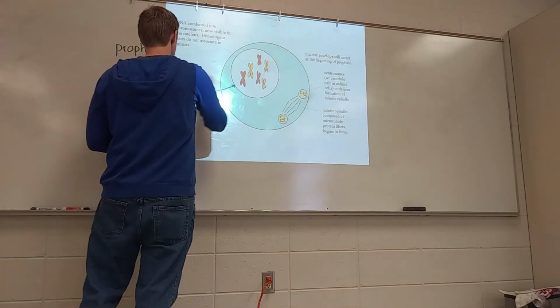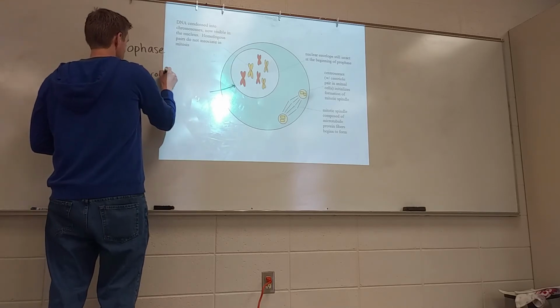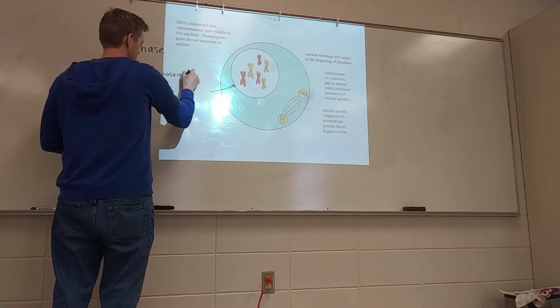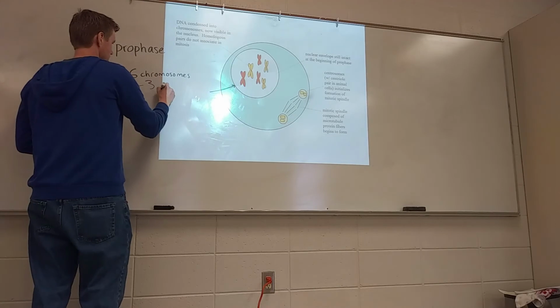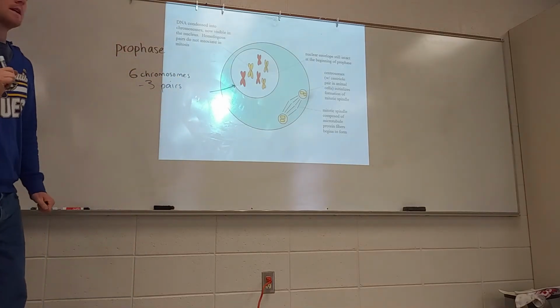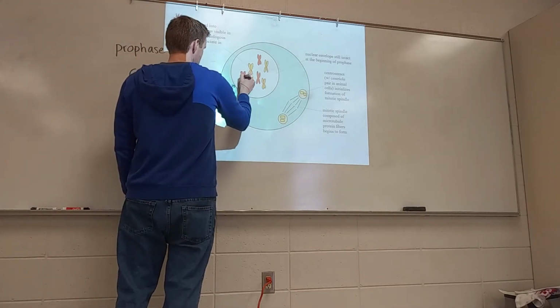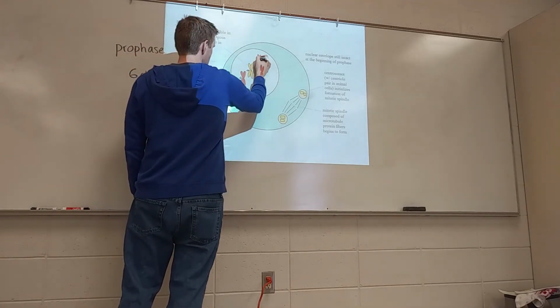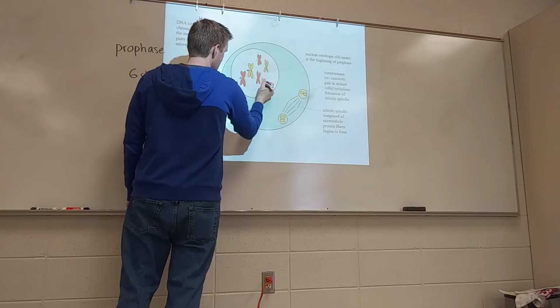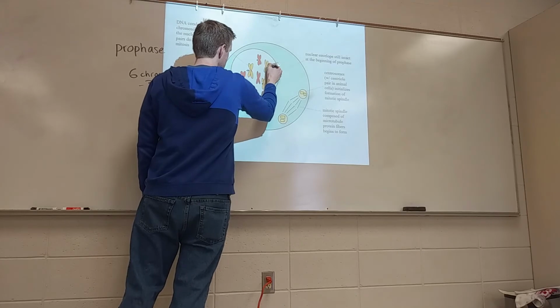This particular individual has 6 chromosomes. I didn't feel like illustrating 46, which is 3 pairs. What makes them a pair? Well, these guys are a pair, these guys are a pair, and these guys are a pair.